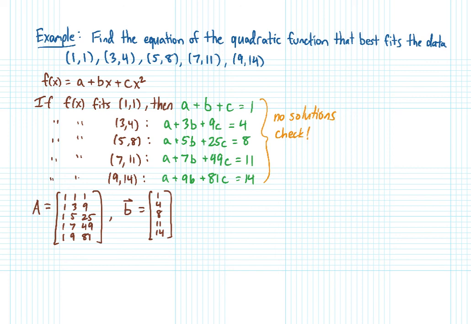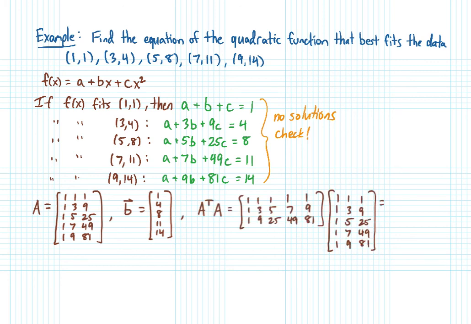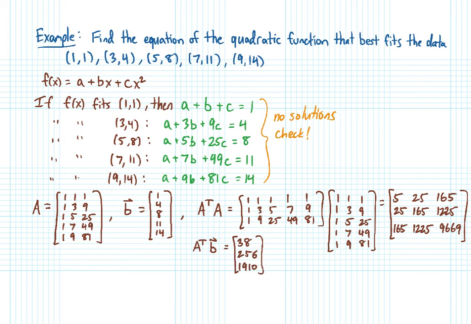And to do that, we need to calculate A transpose times A and A transpose times b. So here's A transpose times A, and I'll warn you that the numbers get pretty big, but luckily we have computers to do the calculations for us. And so when you multiply these two matrices together, this is what you get. And then we can similarly multiply A transpose times b. And now it's just a matter of making an augmented matrix and putting it into reduced echelon form.